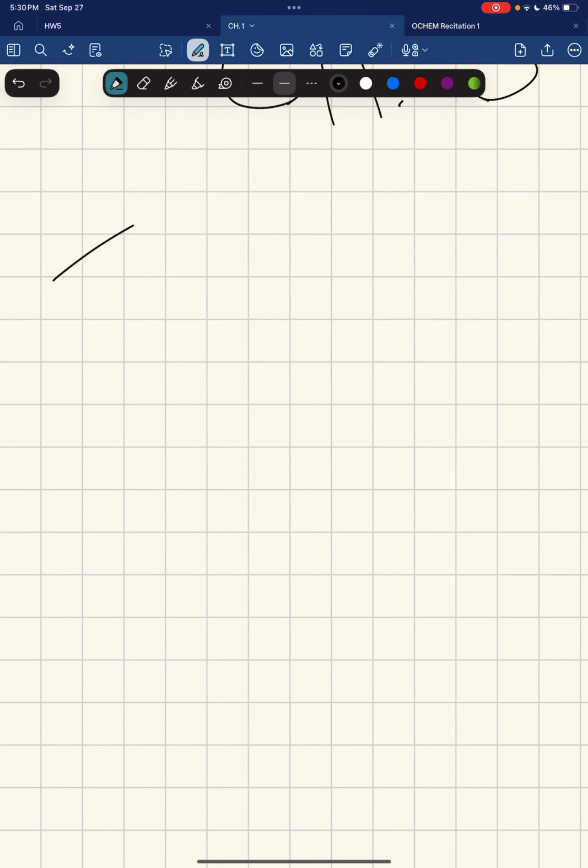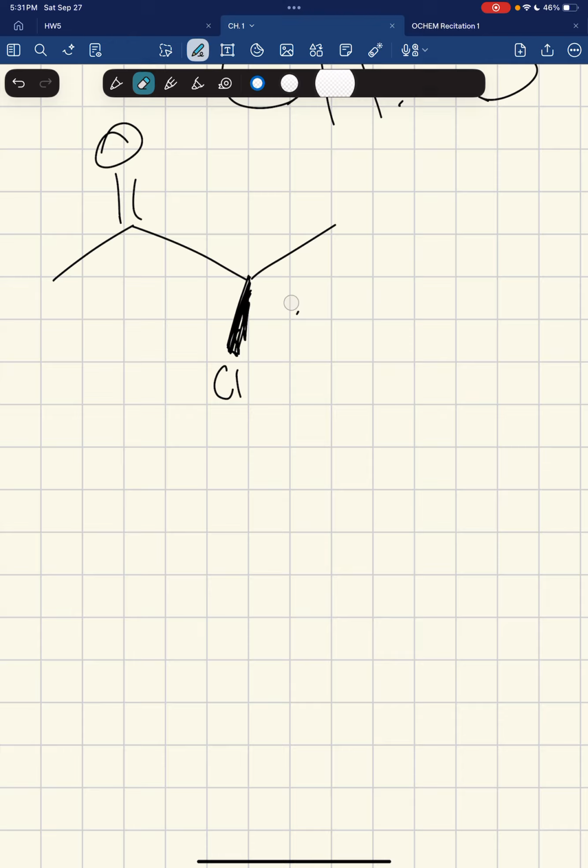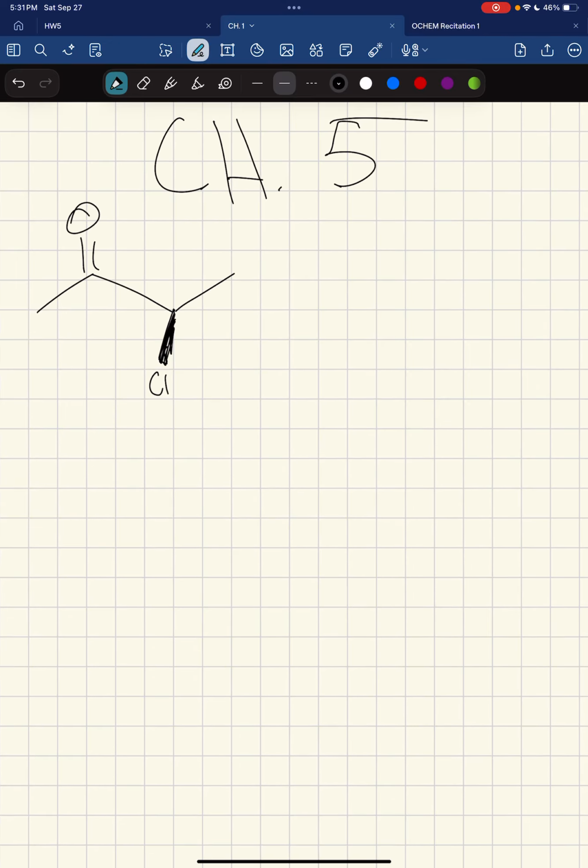All right, we're just going to draw a fake little molecule right here. All right, that looks good.